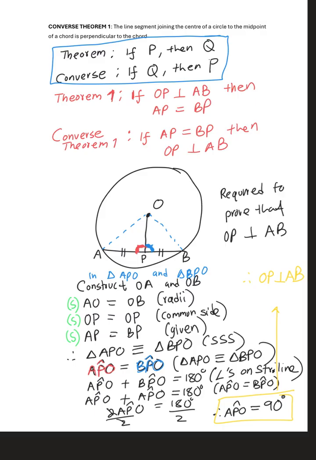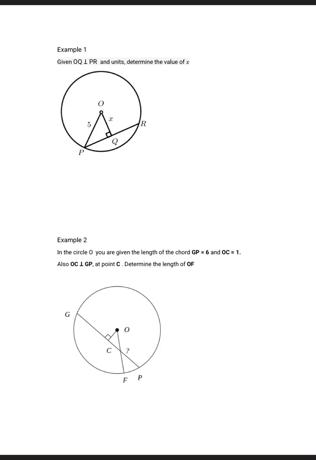Next we have a few examples that we are going to do. Example 1 says, given OQ is perpendicular to PR, and PR is 8 units, and OP is equal to 5 units.